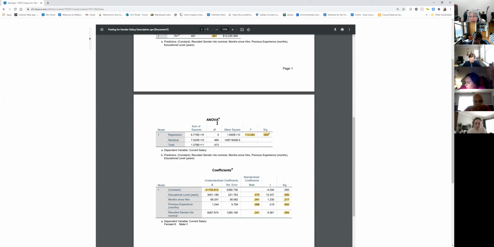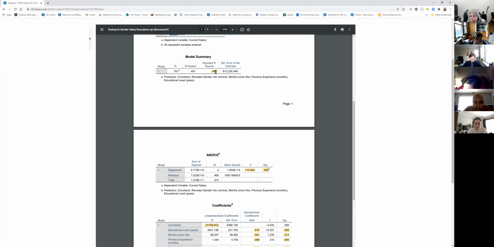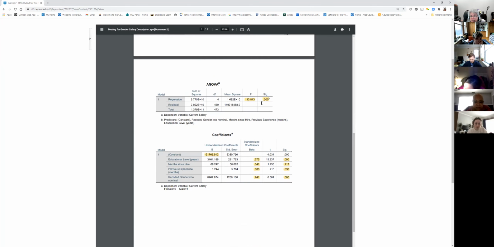We can't tell if one is statistically significant, X1, X2, or X3, or some combination. All we can say is, much like the adjusted R square that talks about the model, that this model collectively is statistically significant, because we're going to report the F statistic here. Sometimes it's called the global F statistic because it's reporting for the entire model. And we're going to report its significance.